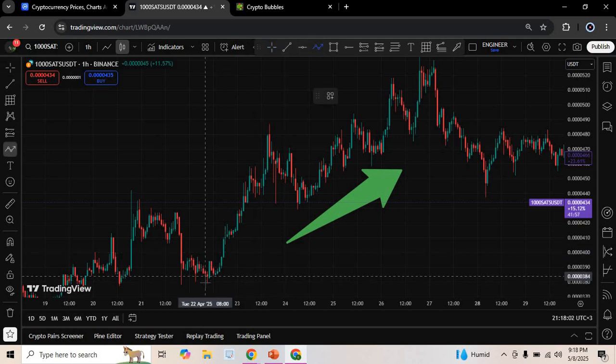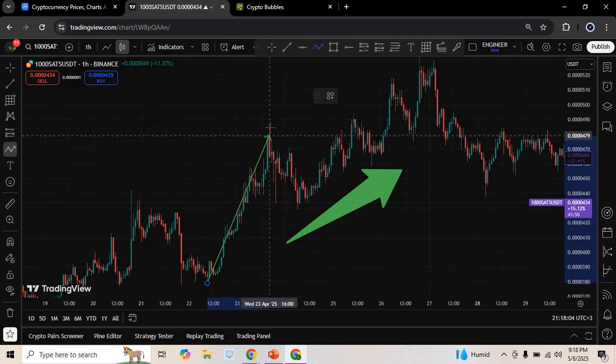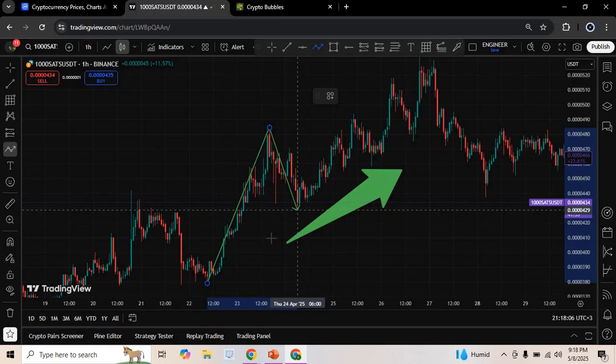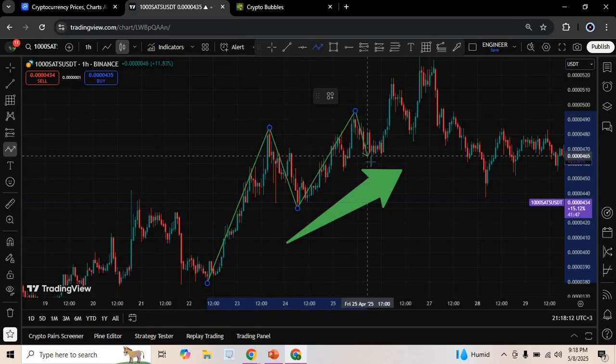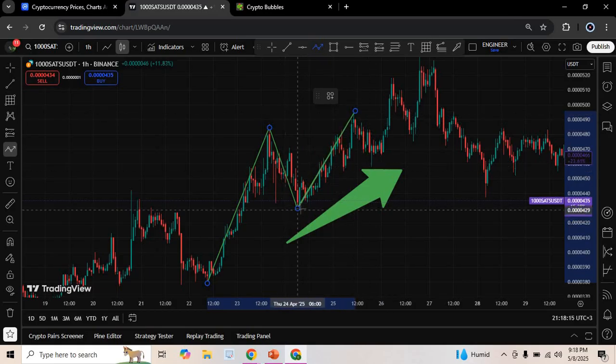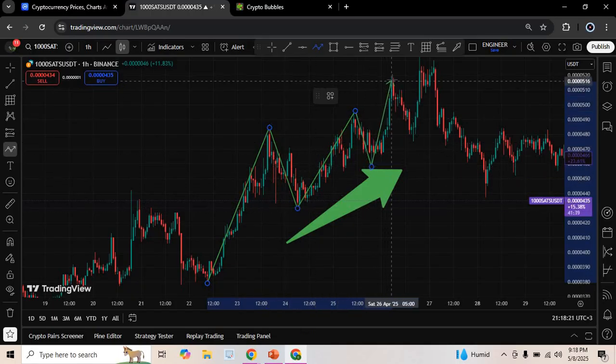From this part right here, you can see we are having a low, we are having a high. Then we are having a low, but it is higher than this, so it's a higher low. Then we are having a high, higher than this, a higher high. Then a low, yes, but higher than this, so it qualifies being a higher low. If you go like this, it's a high, higher than this, a higher high.